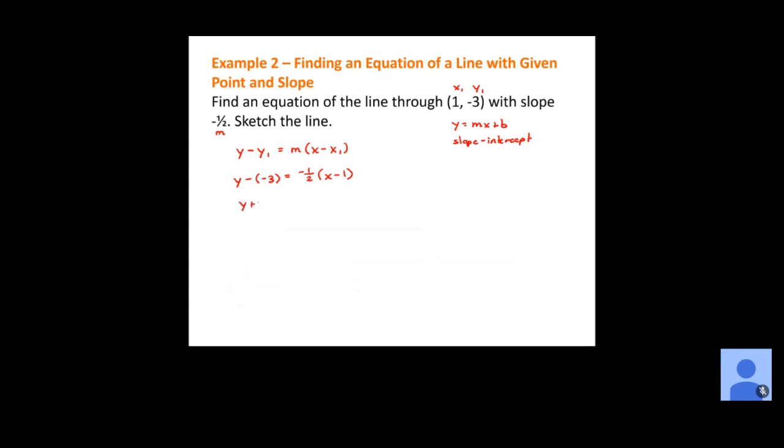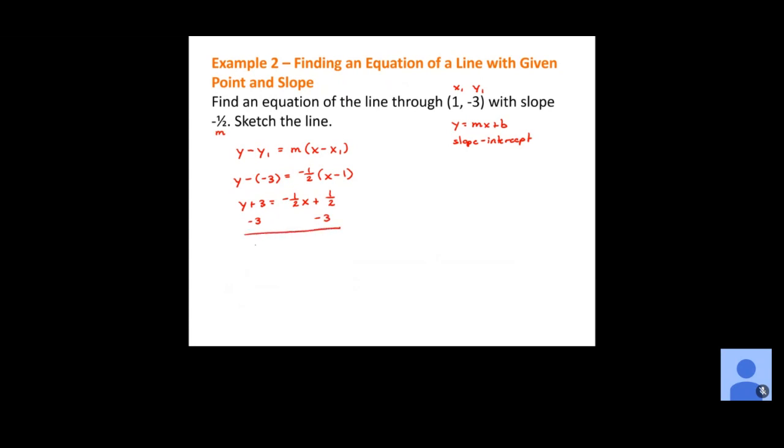So again, this would be y plus 3 equals, I can distribute the negative 1/2 now. So that's going to give us negative 1/2 x, and then negative 1/2 times negative 1 becomes a positive 1/2. And so then we just need to subtract 3 on both sides to get y by itself.